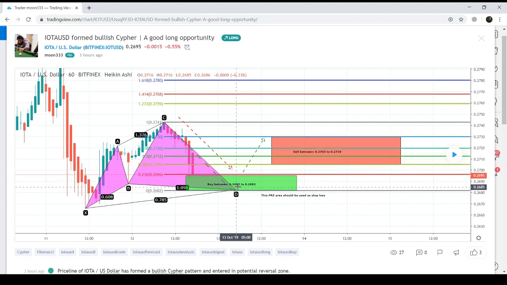So I have set my sell targets using Fibonacci sequence as required for the cypher pattern, the CD Fibonacci projection from 0.382 up to 0.786 Fibonacci.